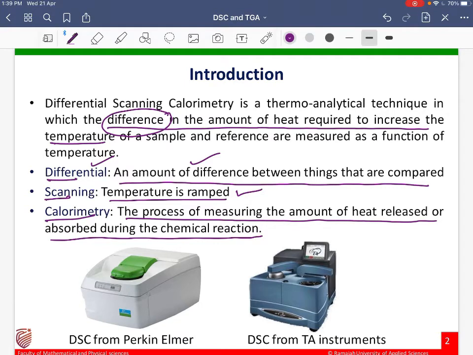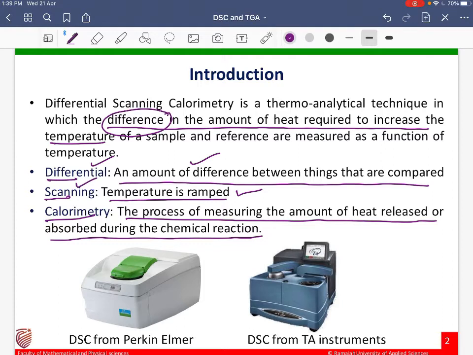Scanning means either we increase the temperature and measure the heat flow, or we keep the sample at a particular temperature for a long time and check the heat flow. In these two cases, either we are scanning the temperature, or we are allowing the material to stay at a particular temperature and measuring the heat flow over time.